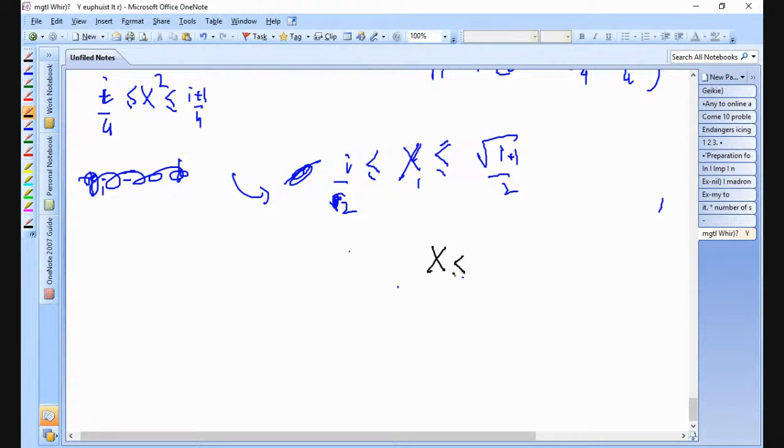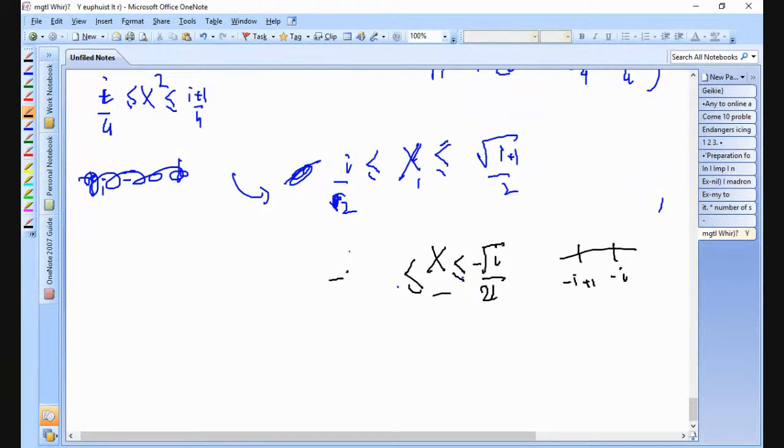X is less than or equal to, I'm doing the negative part now, minus root I by 2.